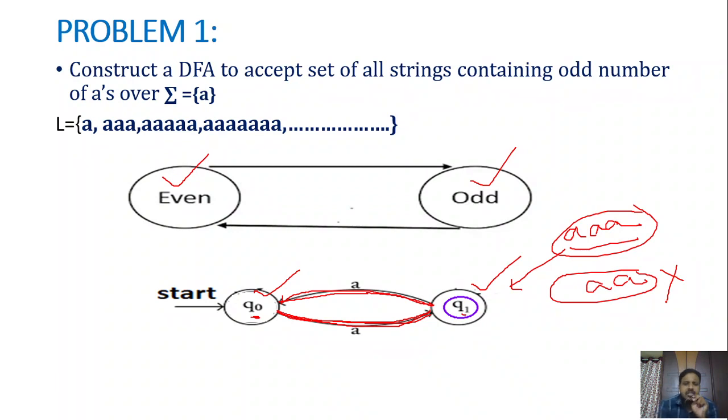As I mentioned earlier, all the strings in the language must be accepted by the DFA, and the strings not in the language must be rejected by the DFA. The strings in the language are one a, three a's, five a's, seven a's, and so on. If you give an even number of a's, this DFA must reject that string.